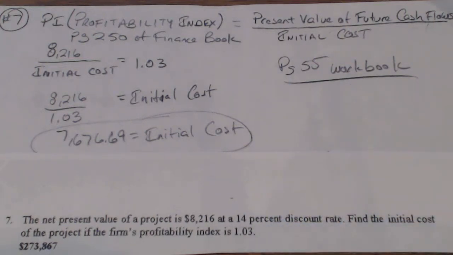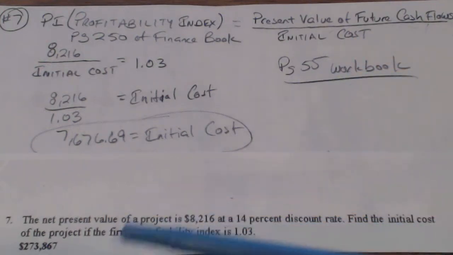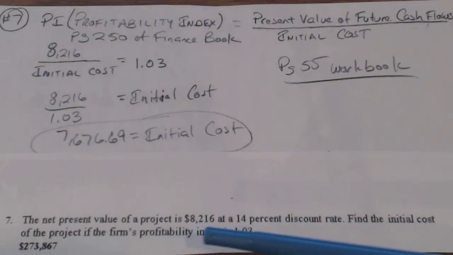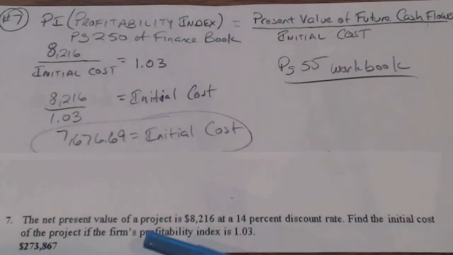So I don't know where he got this from. I think it's a typo because I can't make any sense out of that. You can't figure out a net present value. There's no way you can figure out the initial cost if you don't know the number of years in the cash flows. So anyway, as far as I'm concerned, I think this is just a typo.